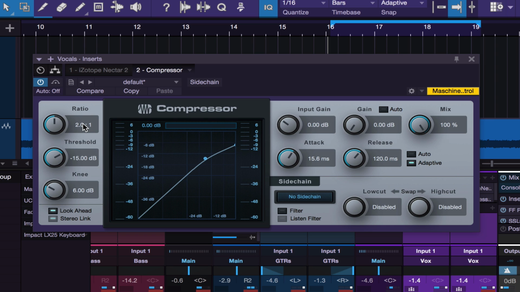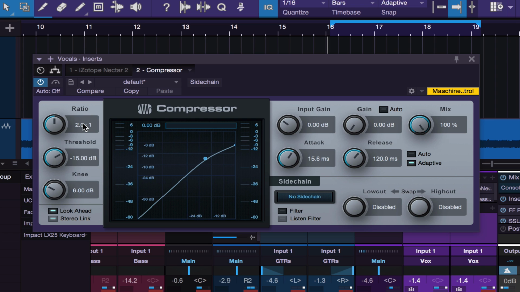Just understand this. Compression and limiting are the same thing. There's only one parameter that separates the two. If you look at the controls on a compressor and the controls on a limiter, they're identical. The only thing that separates them is the ratio, okay?